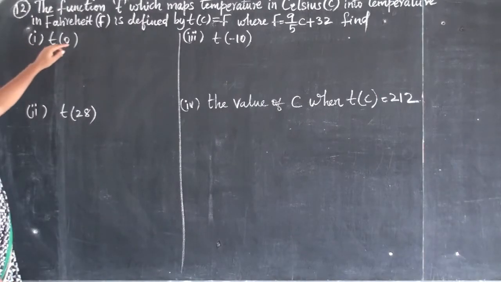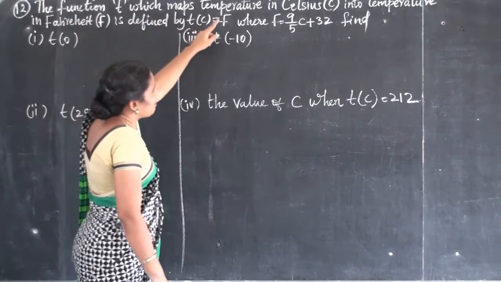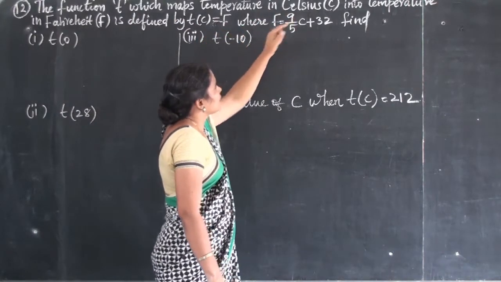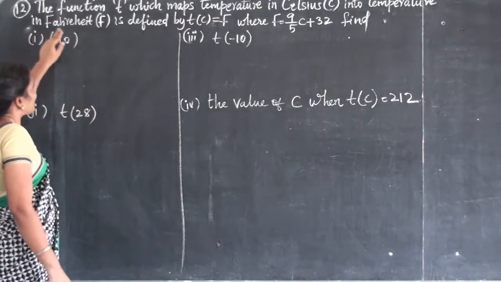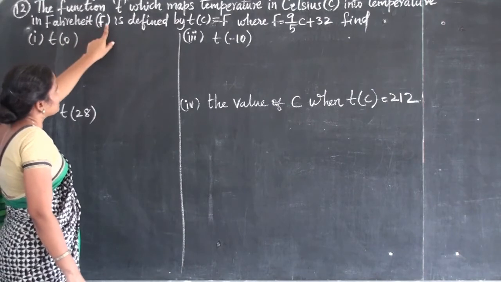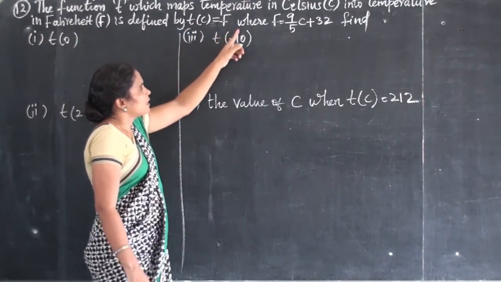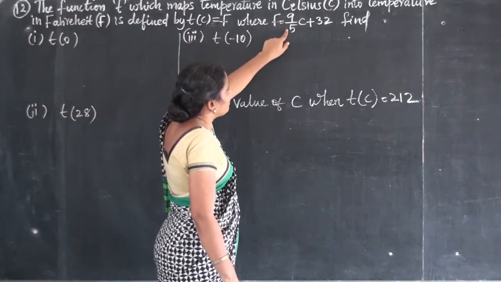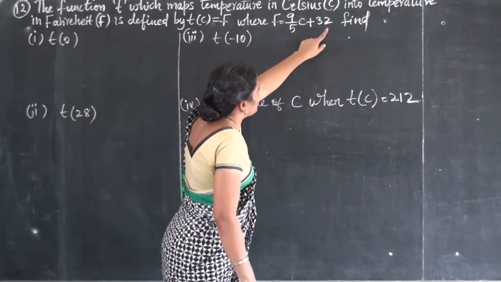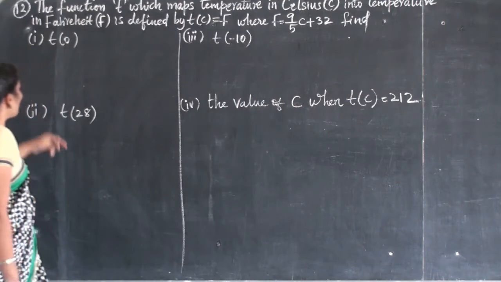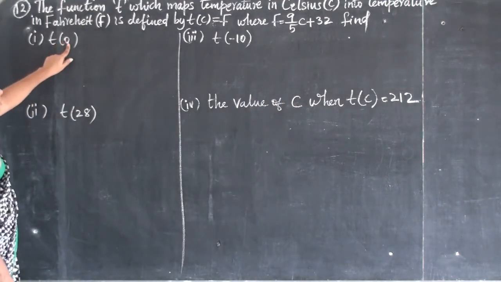The function T, which maps the temperature in Celsius C into temperature in Fahrenheit F, is defined by T of C is equal to F, where F is equal to 9 by 5 multiplied by C plus 32. You have to find what is T of 0.